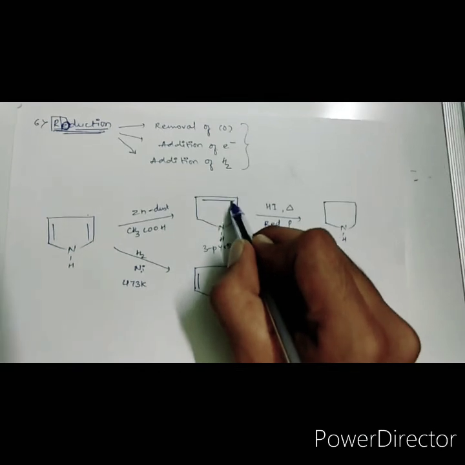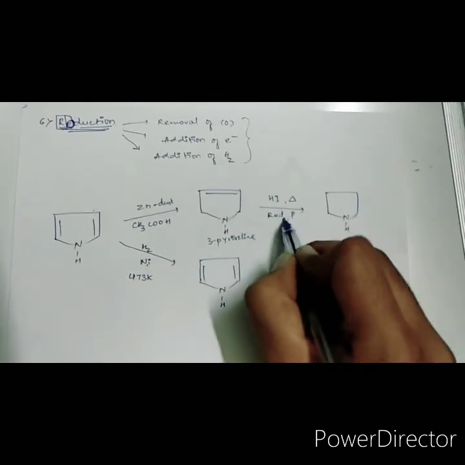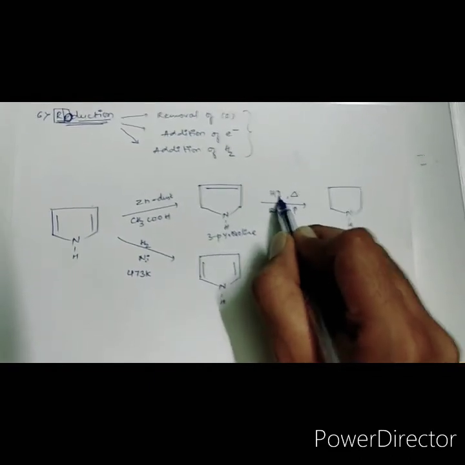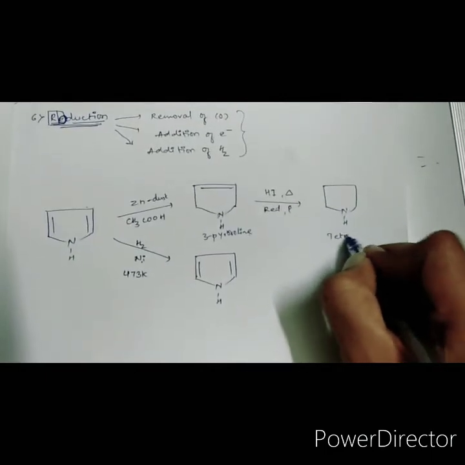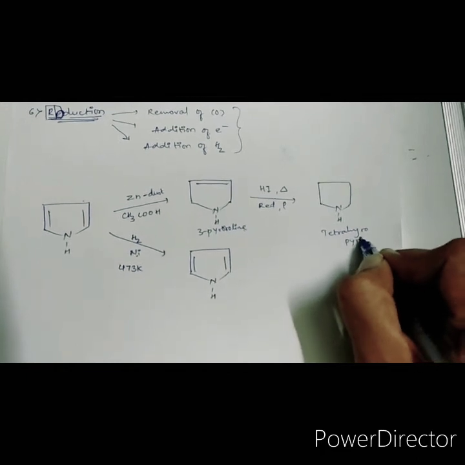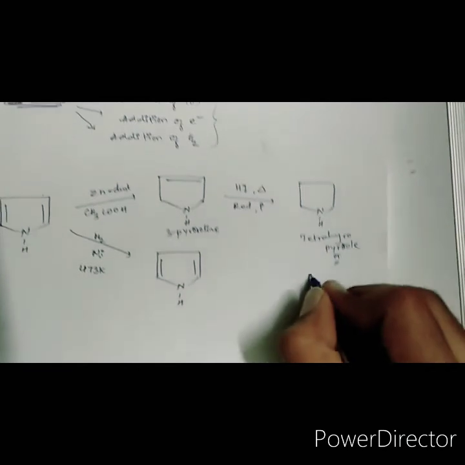When this 3-pyrroline is again treated with hydrogen iodide in the presence of red phosphorus and heated, it forms tetrahydropyrrole, also known as pyrrolidine.